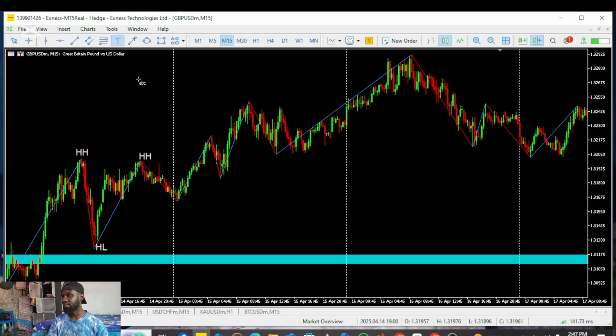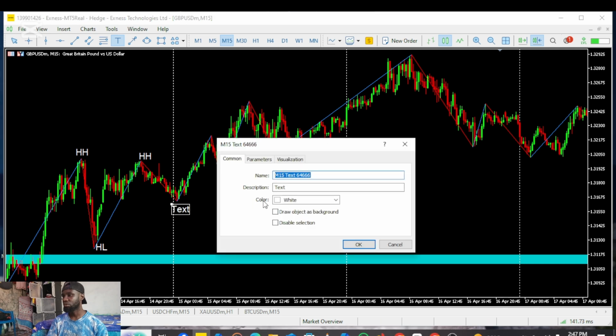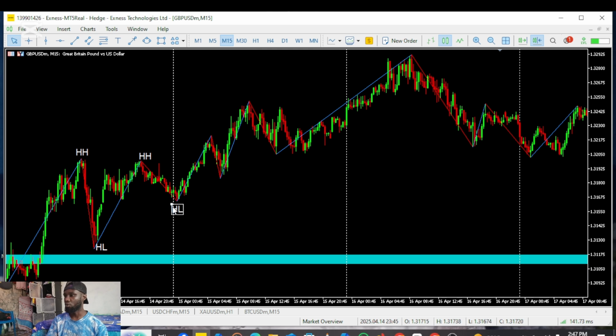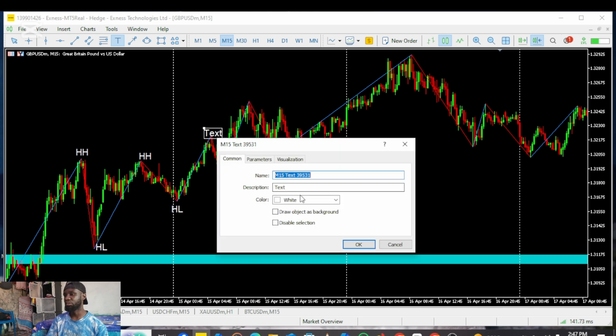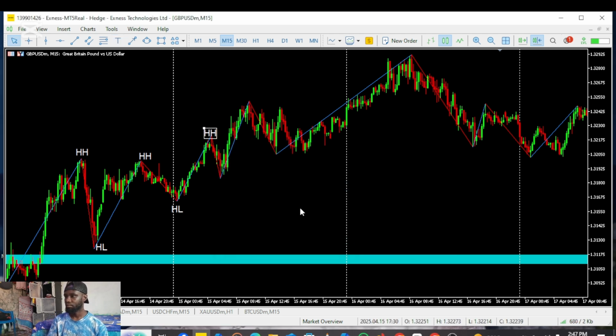So it creates new support, which is higher low here, higher low here, without breaking this, and moves straight here and creates new higher high.